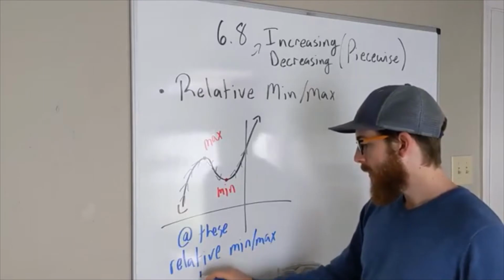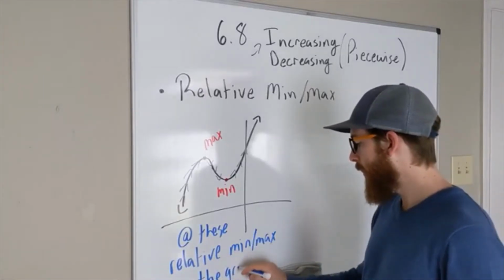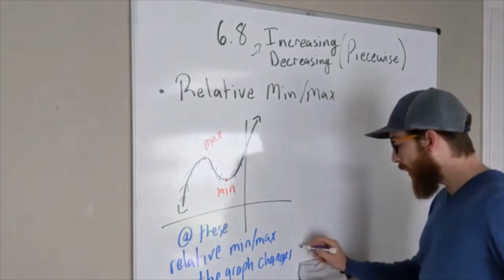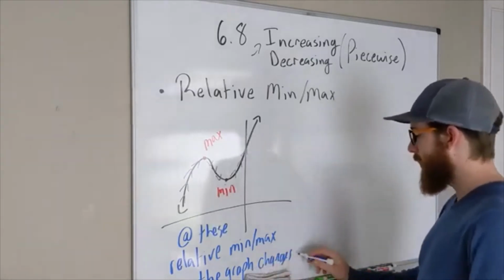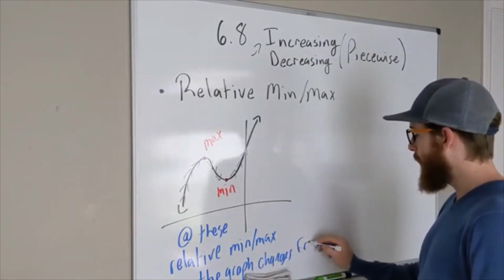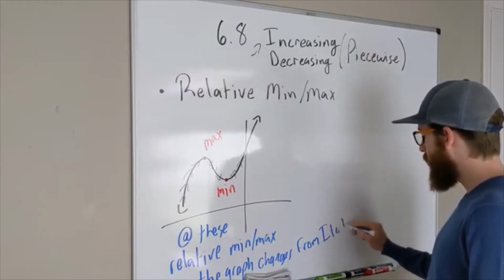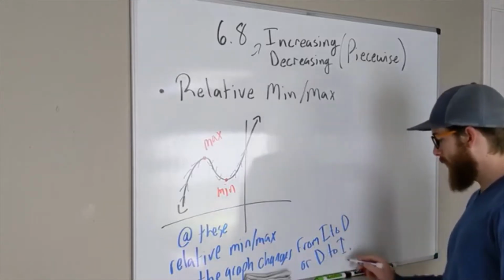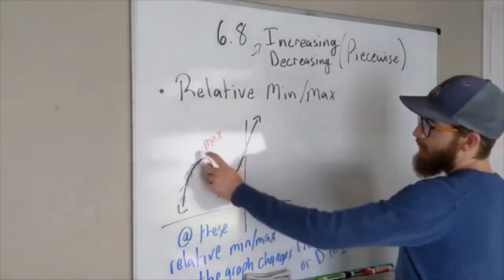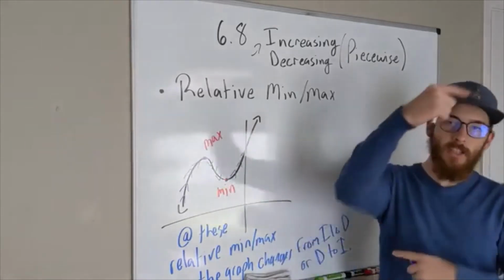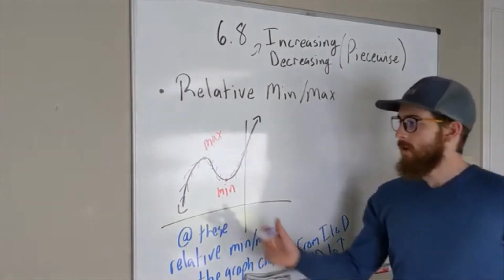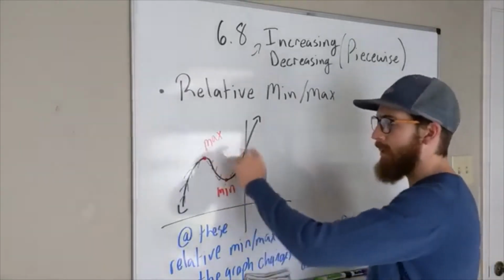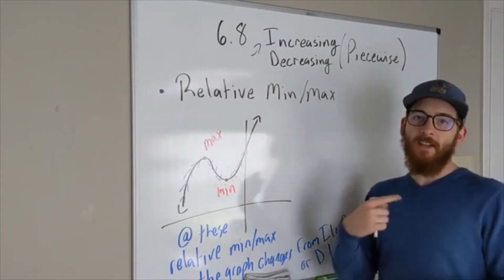The graph changes from increasing to decreasing or decreasing to increasing. So at these positions, you can see that it flips from increasing to decreasing, and from decreasing to increasing. And every time you have one of these relative max or mins, it's going to cause that to change.